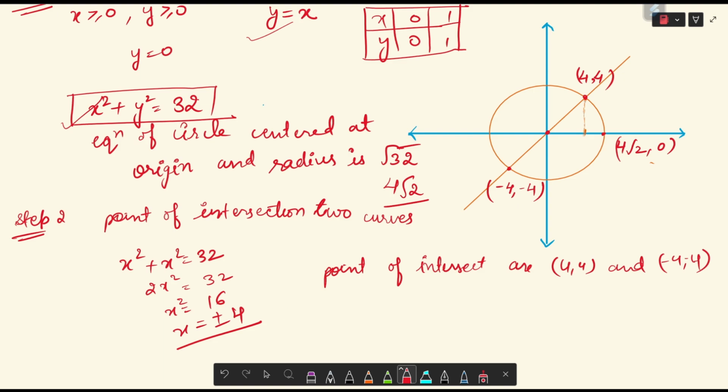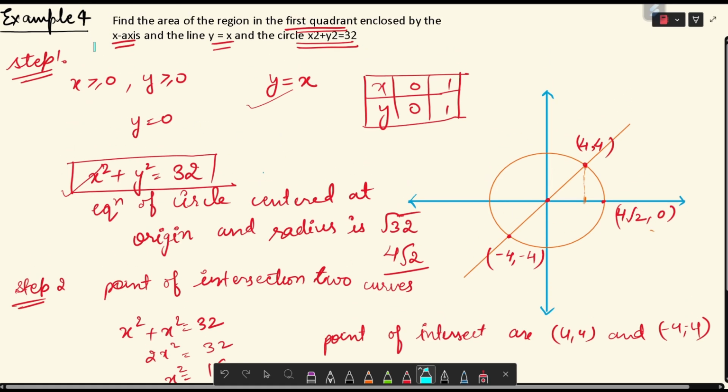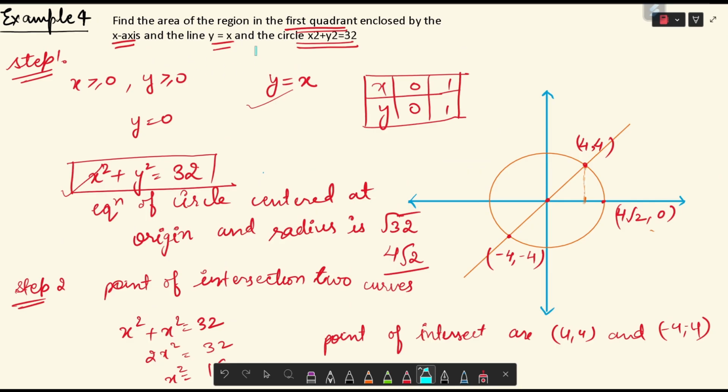Okay, so what was given? Again, read it. What was given? That we need to find the area of the region. What is the region? We need to specify the region now. Region in the first quadrant, so we need to be in this quadrant.